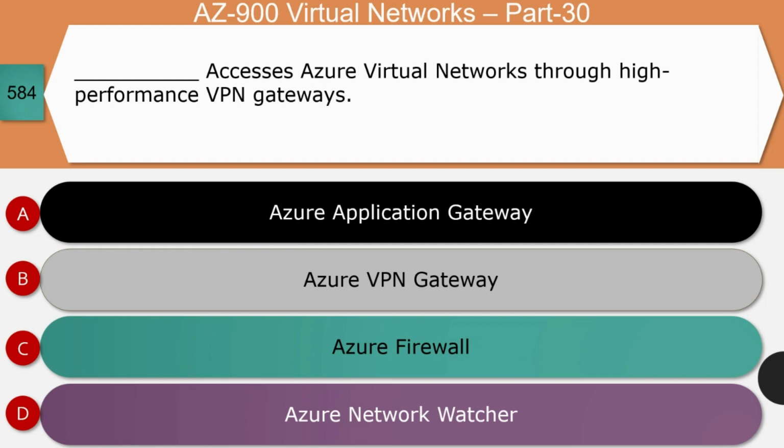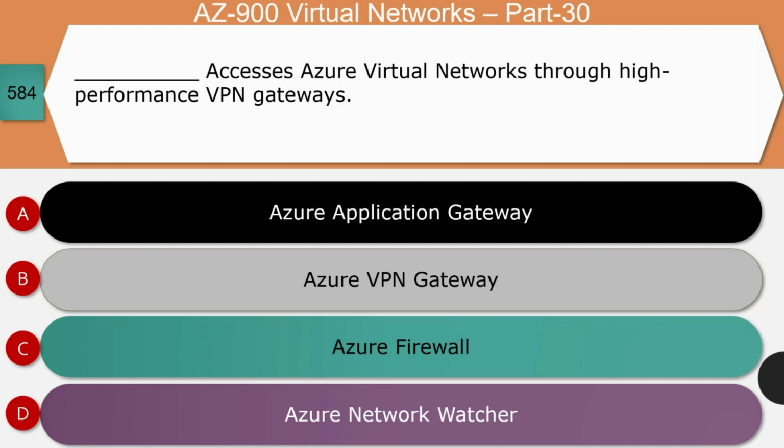Next question: Dash accesses Azure virtual networks through the high performance VPN gateways. The options are Azure Application Gateway, Azure VPN Gateway, Azure Firewall, Azure Network Watcher. If you see, options C and D are not relevant to this question.